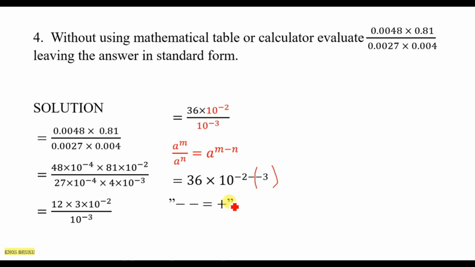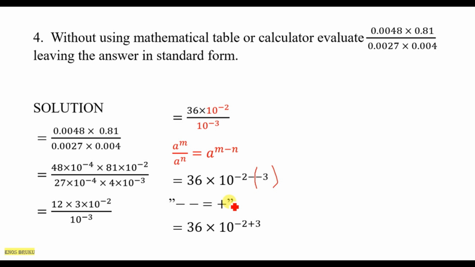So now if we rewrite it, we'll have 36 times 10 exponent negative 2 plus 3. Good. And negative 2 plus 3 is the same as 3 minus 2, which gives you 1.